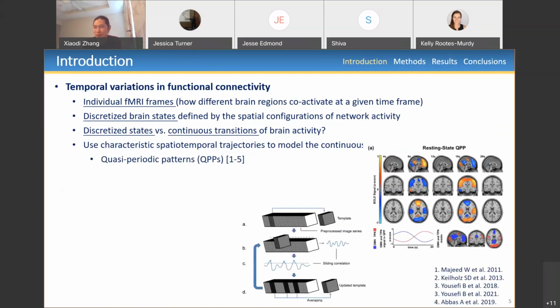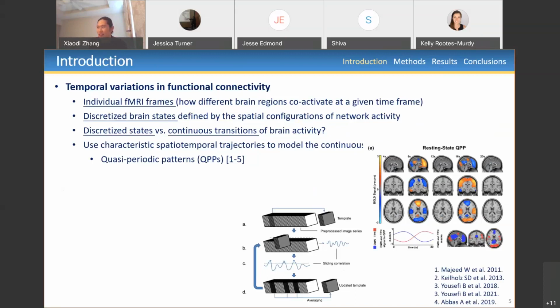Basically, this method applies an algorithm to find these reoccurring spatial temporal patterns. For example, here, this particular pattern happens multiple times along the course of the entire scan.